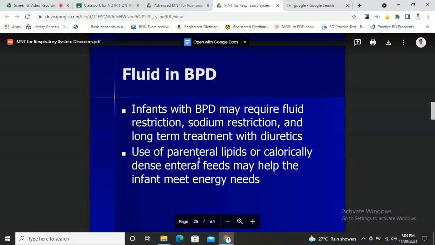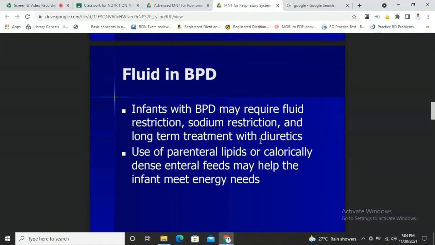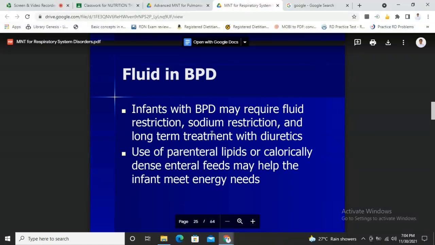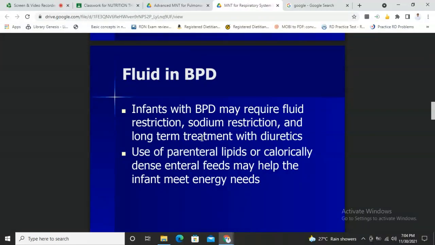What about fluids in BPD? Infants with BPD may require fluid restriction, sodium restriction, and long-term treatment with diuretics. Okay, especially if they are edematous.